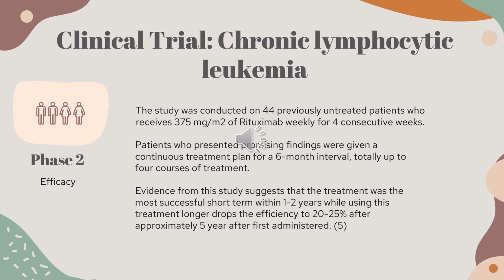The study was conducted on 44 previously untreated patients who received 375 milligrams of rituximab weekly for 4 consecutive weeks. If treatment showed promising findings with objective responses, the study continued, and the patients received identical 4-week rituximab courses at 6-month intervals for a total of 4 courses.